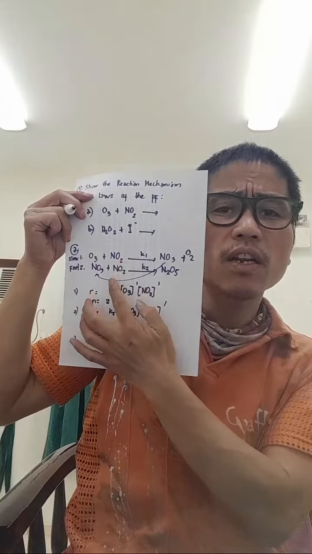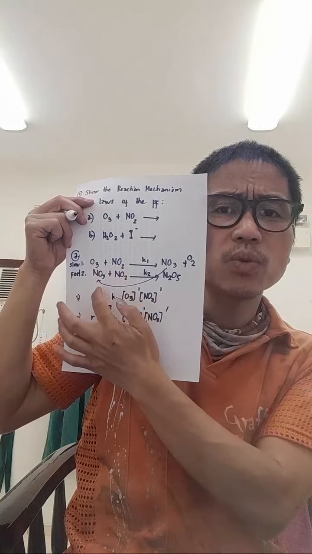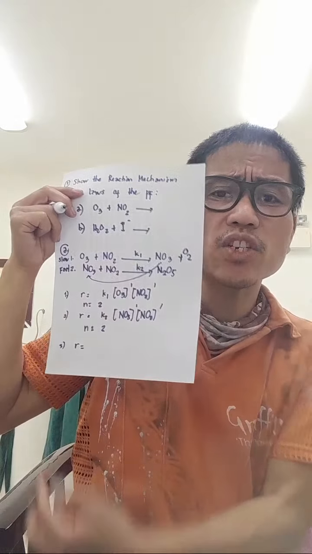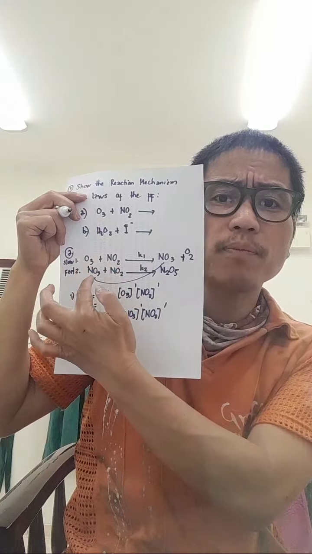So how can you find the overall reaction here in this 1 and 2? We need to sum the two: the reaction step 1 and reaction step 2. Take note what will be cancelled here. You will cancel the NO3.